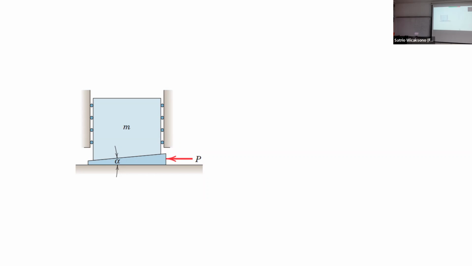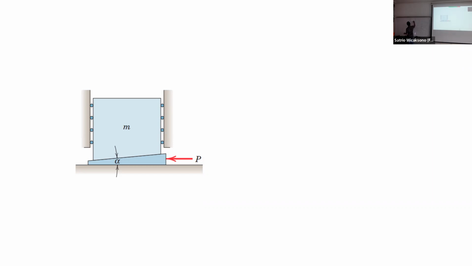Okay, good. So, what forces do we have there at the base? The weight, correct?